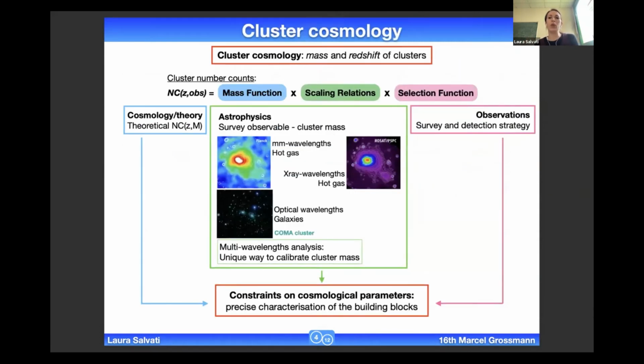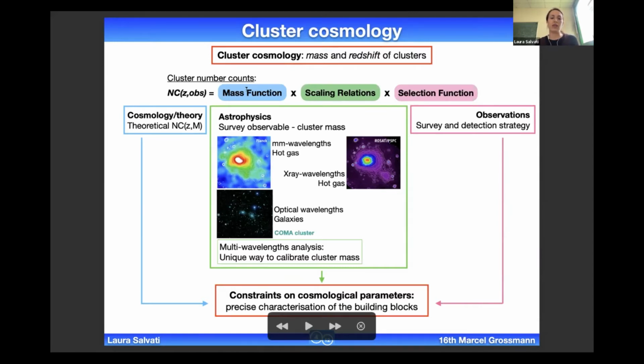When we are doing cosmology with galaxy clusters, we need to know their mass and redshift distribution. But in practice, the most used observable for cluster cosmology is the number counts, the number of objects in a bin of redshift and of a given observable that depends on the wavelength you are considering. When we model the number counts, we have three key ingredients.